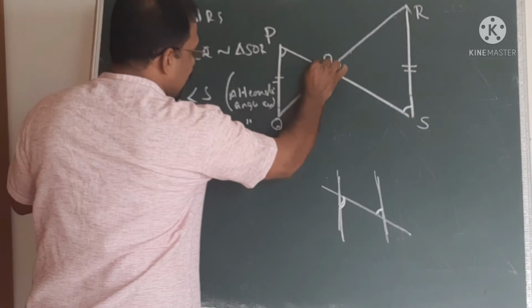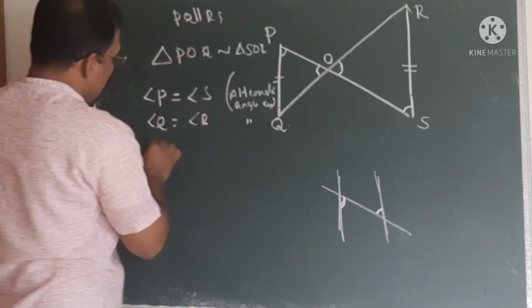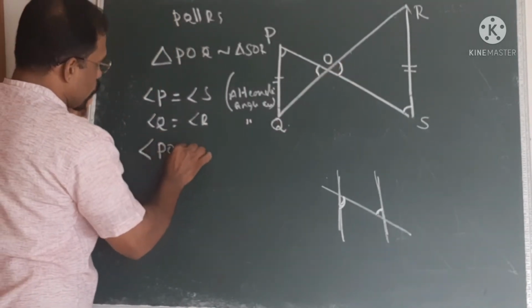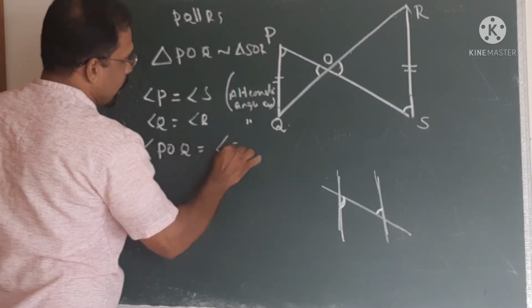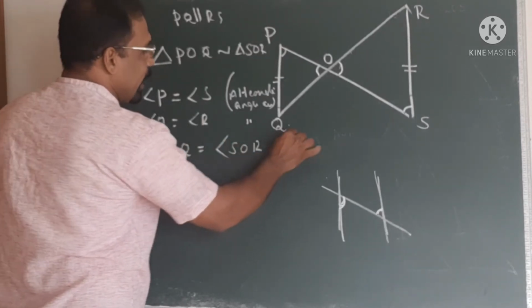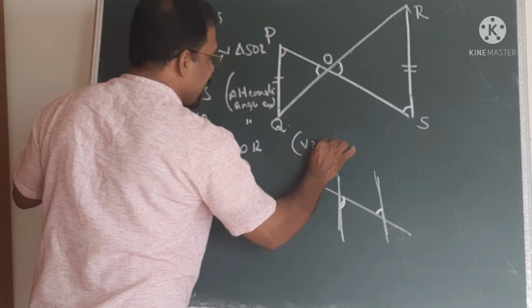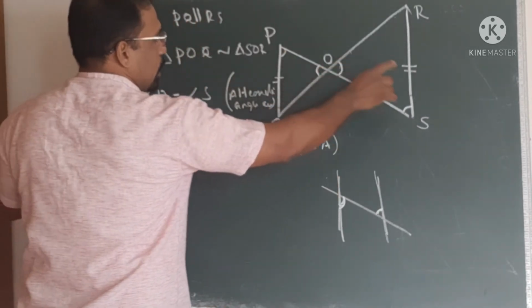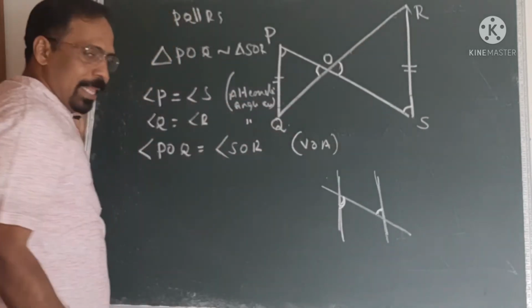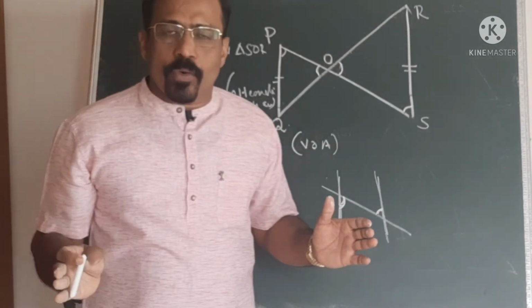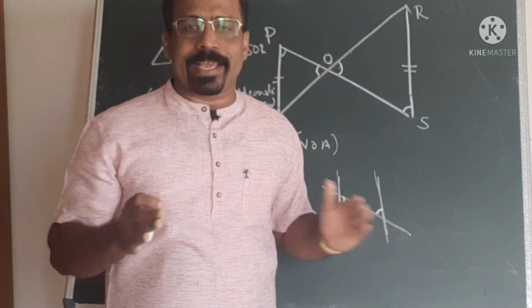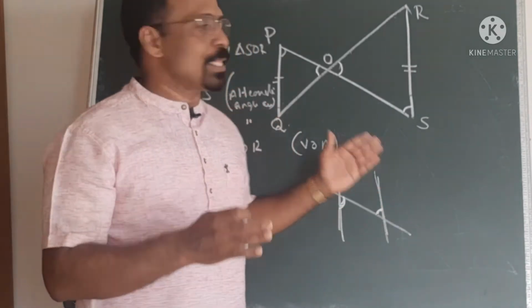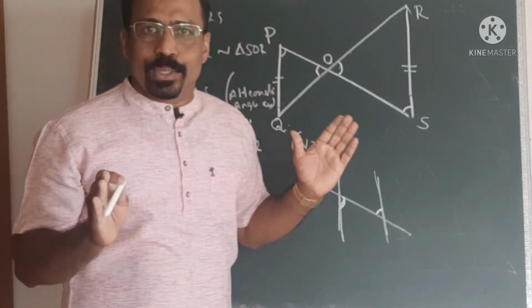Now you see this angle, angle POQ is equal to angle SOR. They are vertically opposite angles. So in this case, 1, 2, 3, here 1, 2, 3, these angles are equal. Therefore, according to the AAA criteria, we can say that these two triangles are similar.